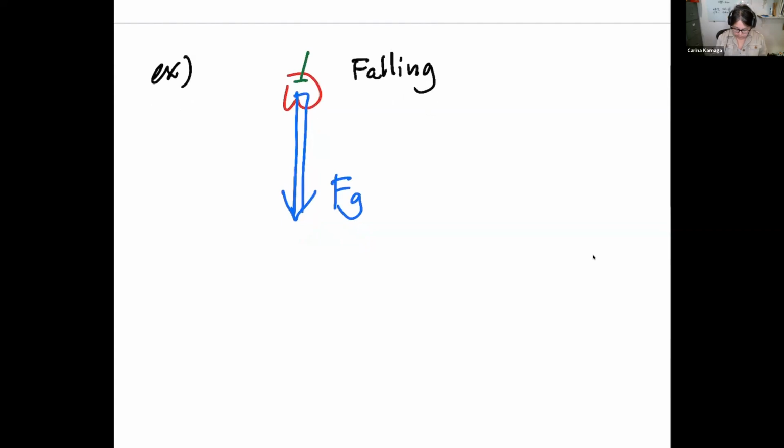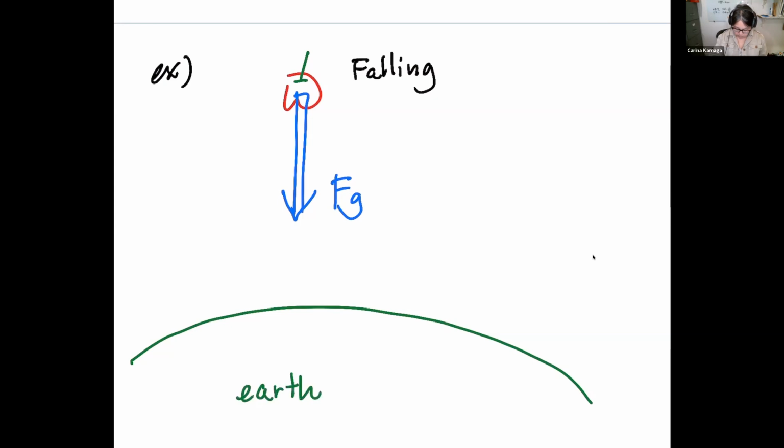So here's the Earth. The Earth actually is being pulled by the apple, equal in magnitude and opposite in direction.